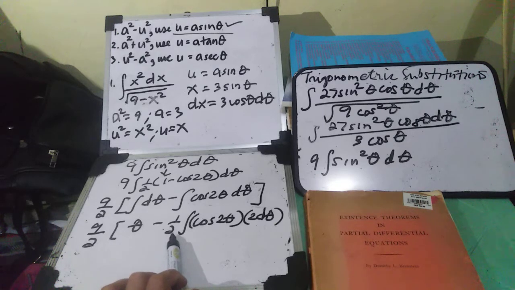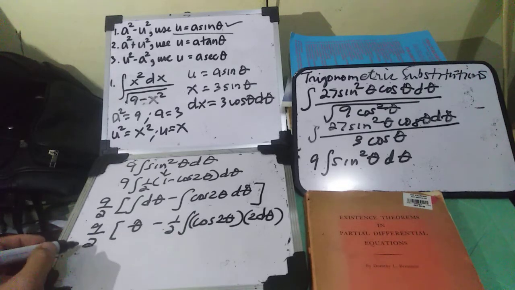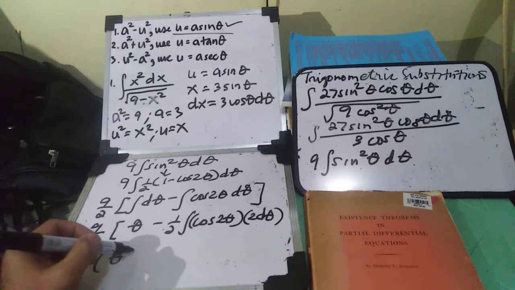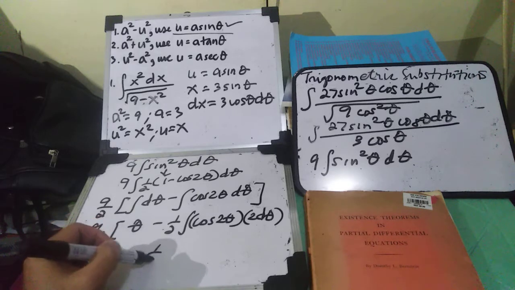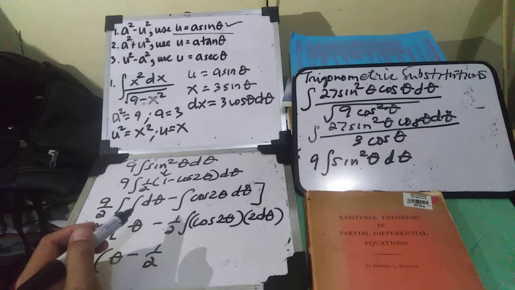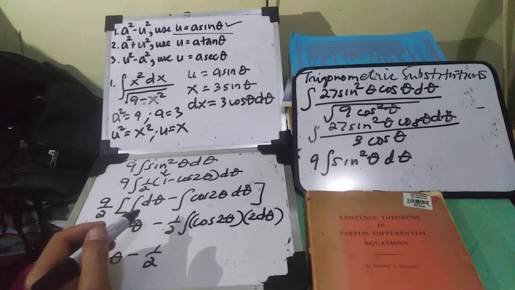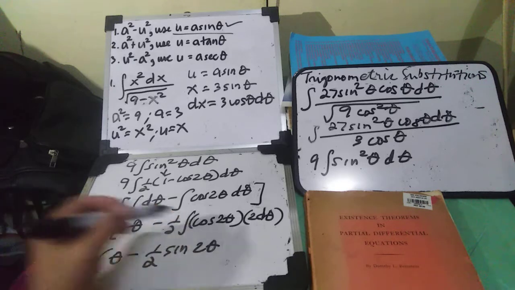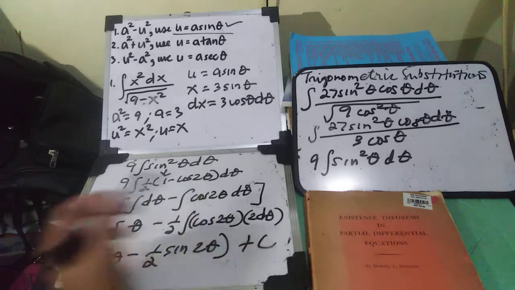And the balancing factor is 1/2. So we have 9/2 multiplied by theta minus 1/2 multiplied by the integral of cosine 2 theta, which is sine 2 theta, plus c.